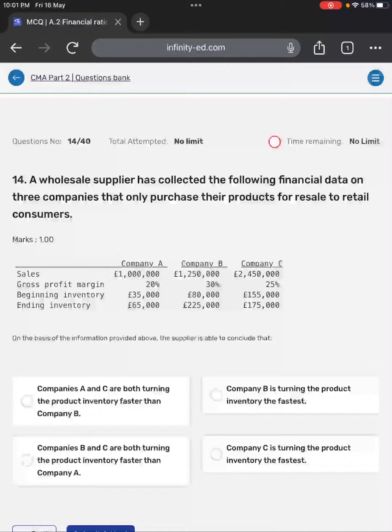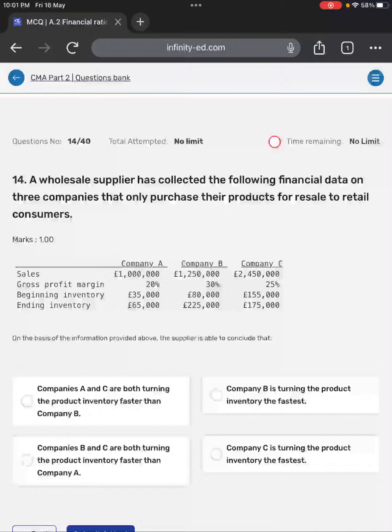Company A, Company B, Company C, sales given in euro: 1,000,000 euro, 1,250,000 euro, 2,450,000 euro, and gross profit margin 20%, 30%, 25%, beginning inventory 35,000, 80,000, 155,000, ending inventory 65,000, 22,500, 175,000.